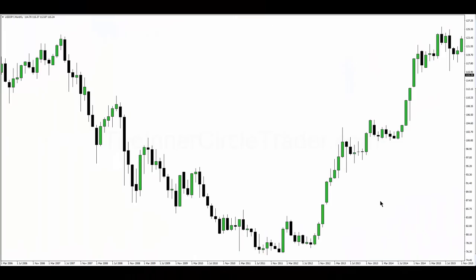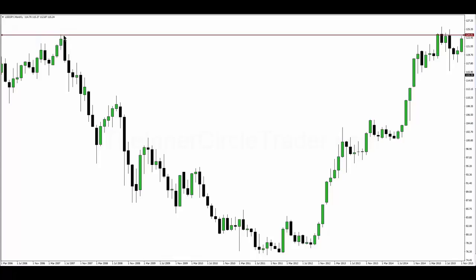Okay folks, let's take a look at external range liquidity and internal range liquidity, the difference between the two, and how we can utilize both. We have an old high back here, and we have an old area of consolidation or equilibrium about halfway from the low up to this high.